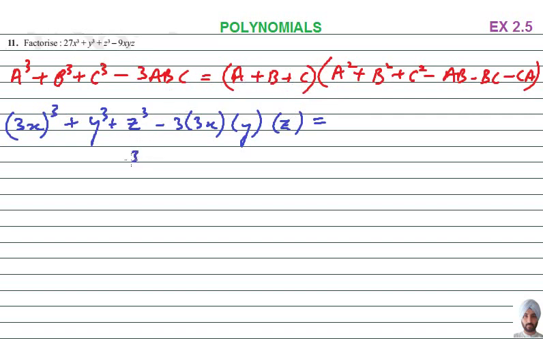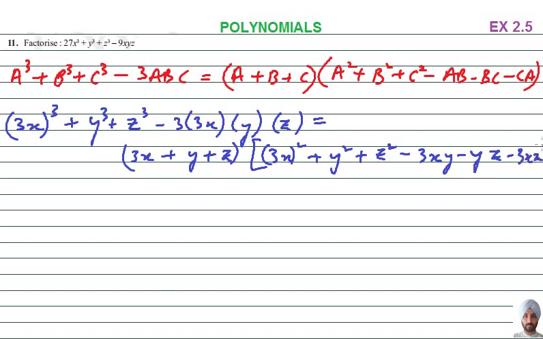So what is a? 3x is a plus y plus z, new bracket, 3x square, put brackets, plus y square plus z square minus 3xy minus yz minus 3xz.